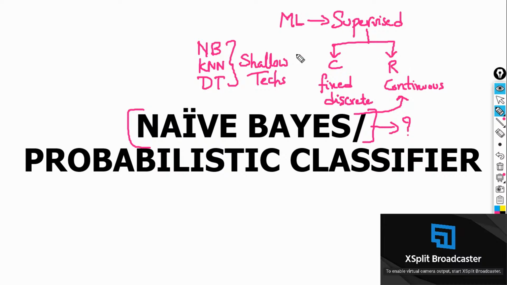Even if the values under the y column are continuous, we can still use any one of these three algorithms for the specific problem. So that means we can also use naive Bayes for continuous data, not only for fixed values. Good. Then what else did we discuss with respect to naive Bayes?